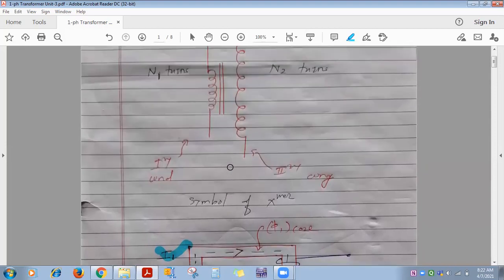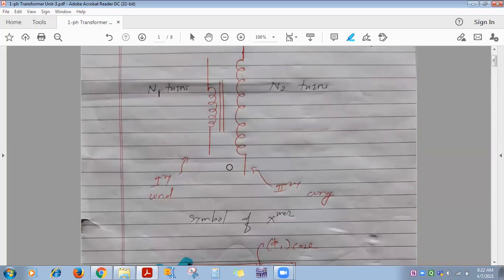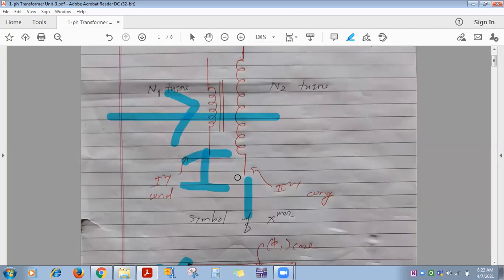Now in 12th, you have learned that whenever you pass current through any conductor, around it, it produces a magnetic field. If you are passing DC current, which has constant magnitude and constant direction, through any conductor, around it, it produces a stationary magnetic field.